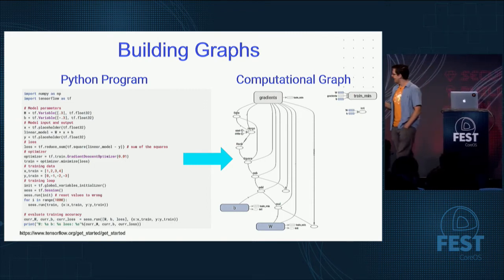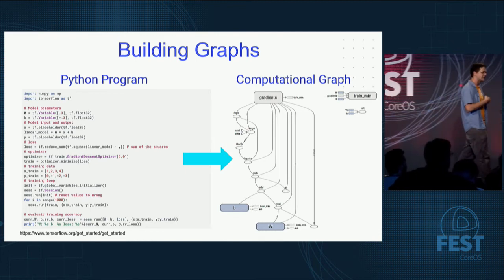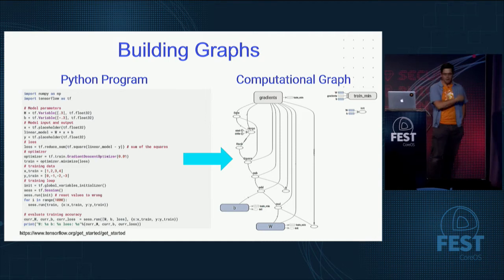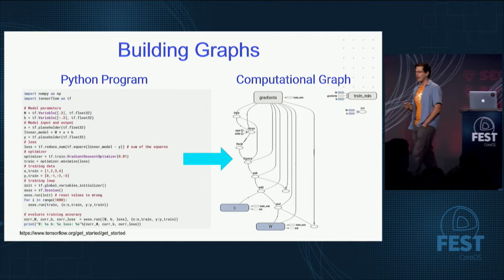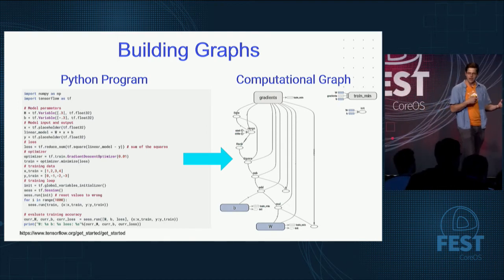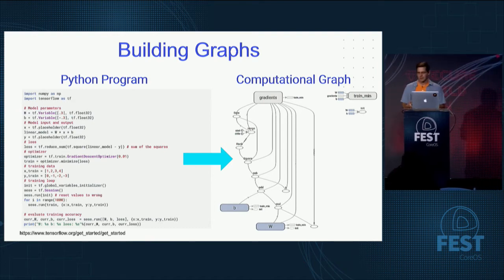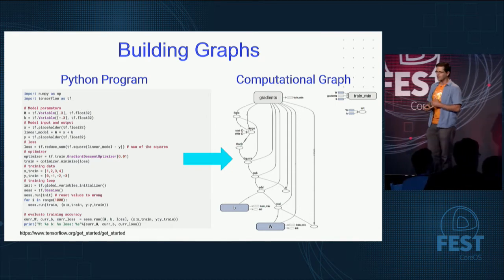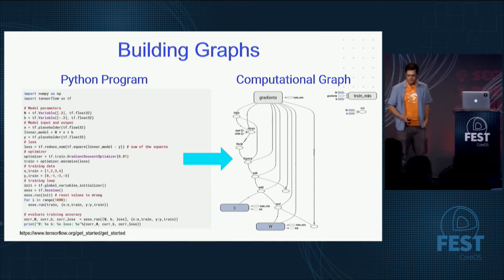So the second advantage of having a computational graph like this is to optimize the calculations themselves. Having a computation graph like this, you can easily tell by inspecting the graph data structure which operations you can run in parallel because their inputs and outputs don't conflict with each other. You can also tell which operations you don't need to run at all because they're not required for the one output that you really want.